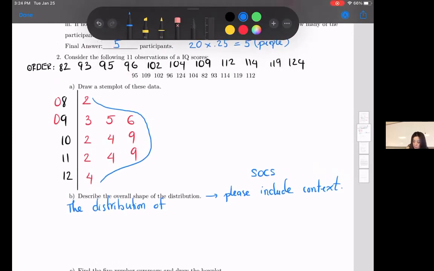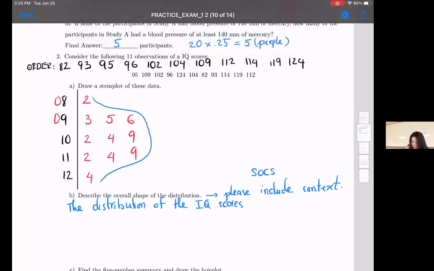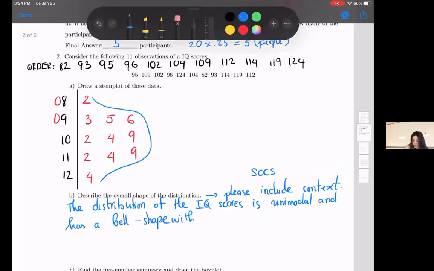Of the IQ scores, is unimodal and has a bell shape, with no apparent or potential apparent outlier.